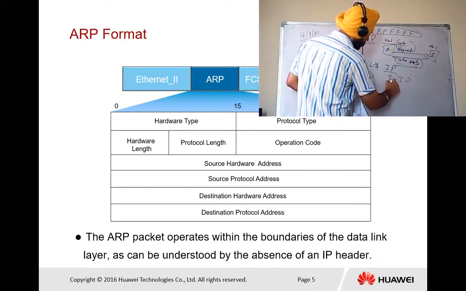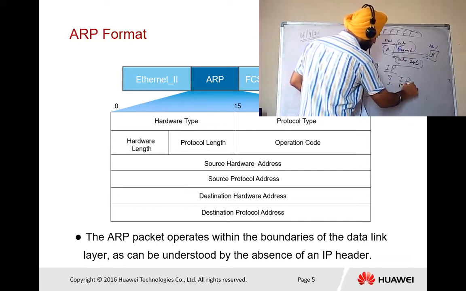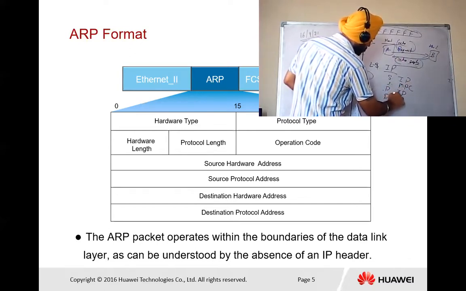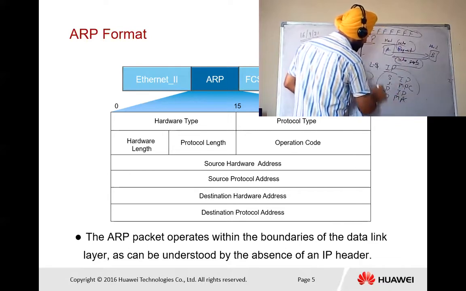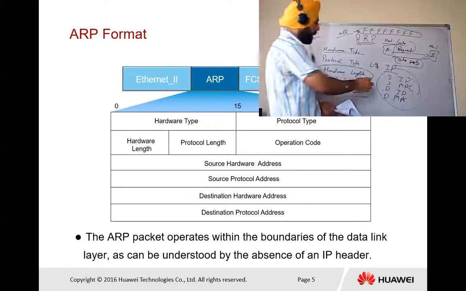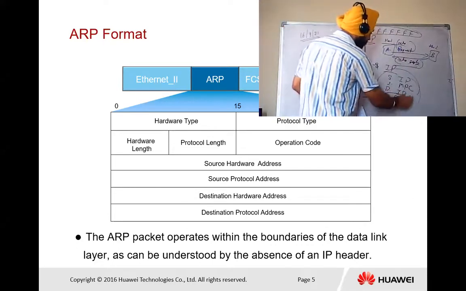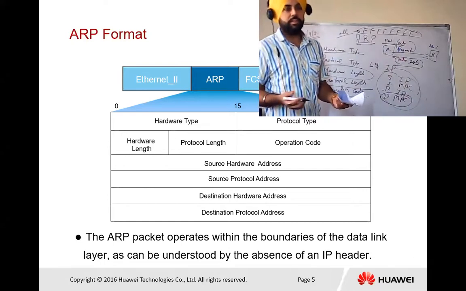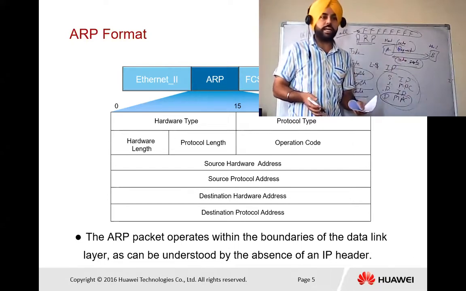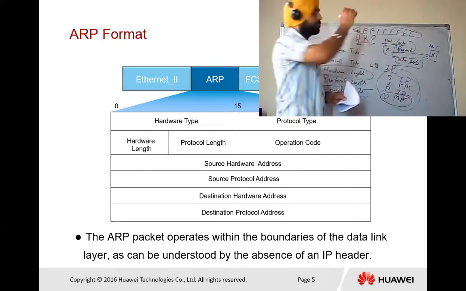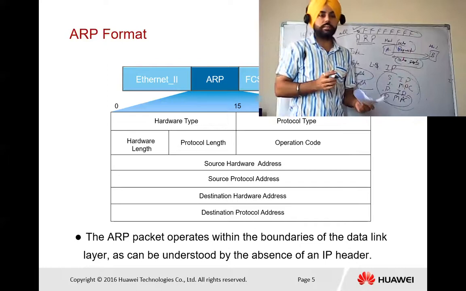Source IP, source MAC, destination IP, destination MAC, they all are required. If we don't have the MAC address of the destination, it will broadcast the packet. Broadcast means that by default the destination MAC address is all F. That is your broadcast packet.